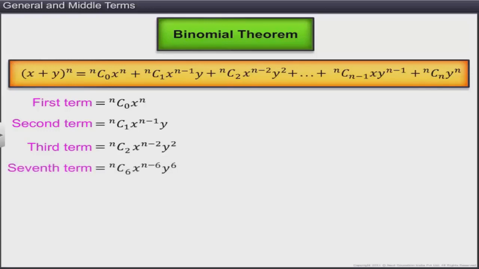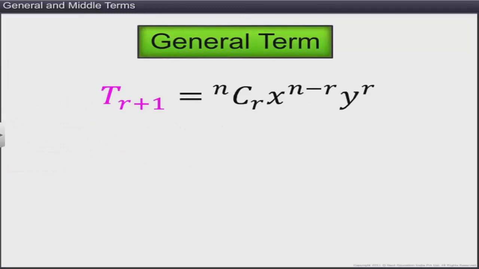The seventh term is nC6 into x raised to the power of n minus 6 into y raised to the power of 6. Likewise, the r plus 1th term is nCr into x raised to the power of n minus r into y raised to the power of r. This is known as the general term of the expansion. With the help of this formula, you will be able to find any term in the expansion.